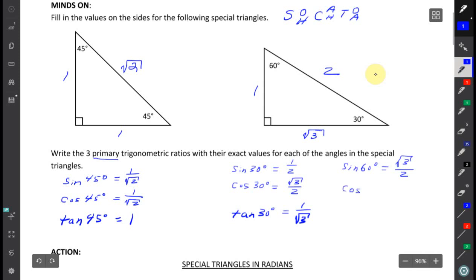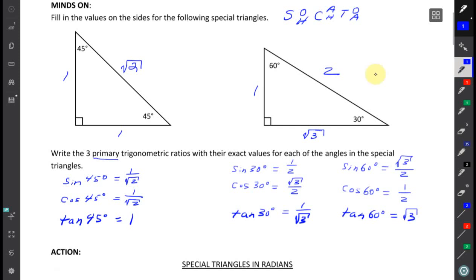The cos of 60 degrees is equal to the adjacent, which is 1 over the hypotenuse, and the tan of 60 degrees is equal to the opposite over the adjacent, so that's root 3 over 1, or simply root 3.